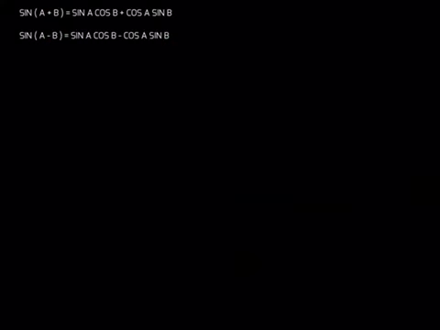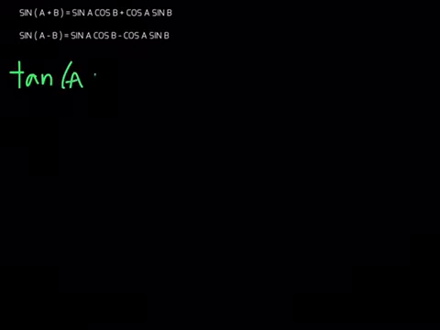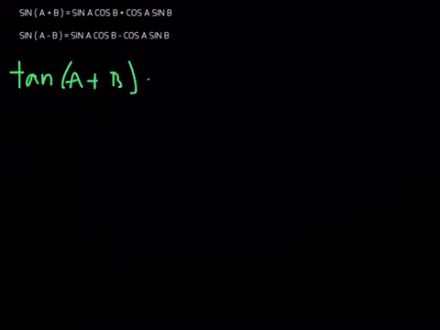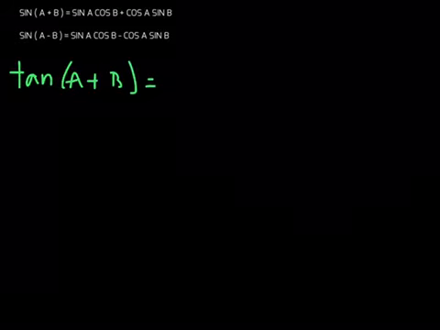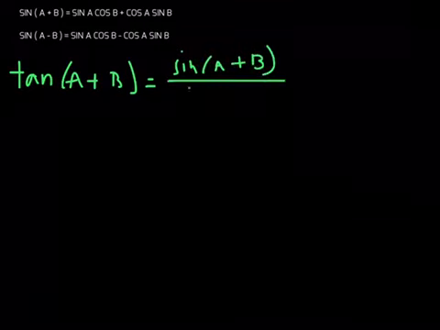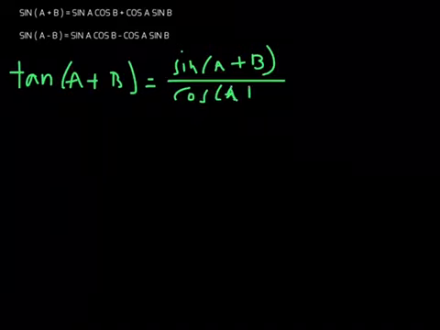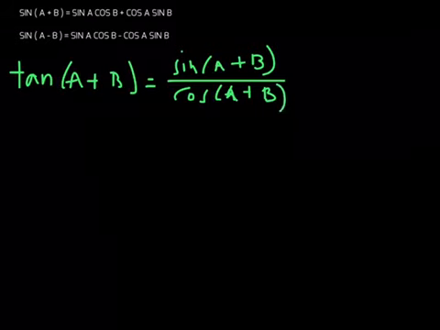I've written on top what we derived so far. Now what I want us to do is derive the sum identity for tangent. By a quotient identity, we know that tangent of a plus b is the same as sine of a plus b over cosine of a plus b. Now, we know how the numerator expands and how the denominator expands because we proved both already.